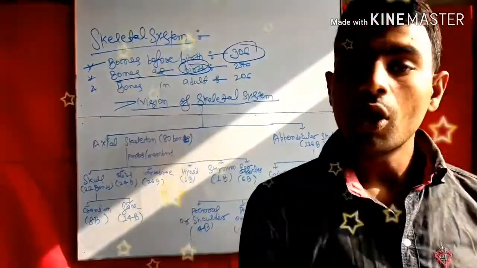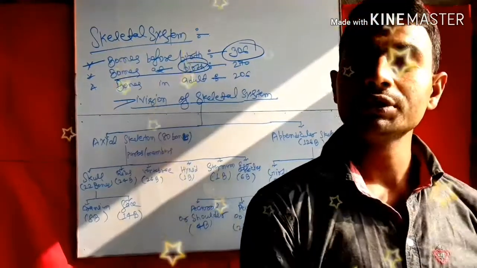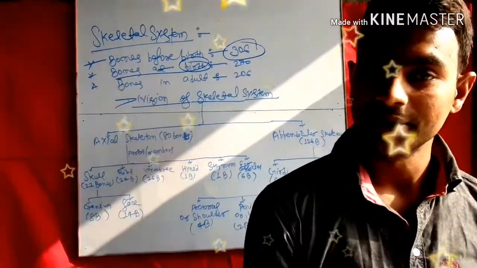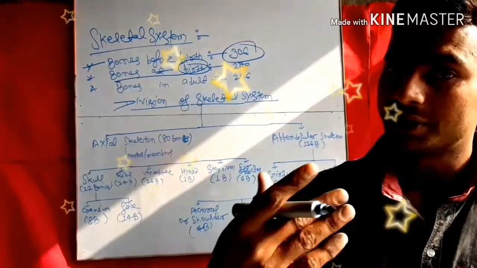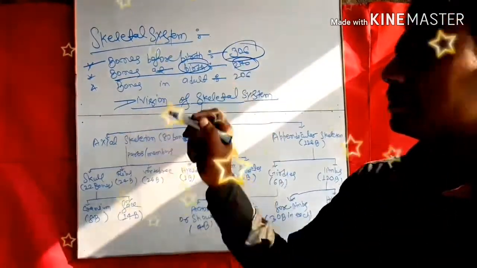But at the time of birth, the number of bones is 270.